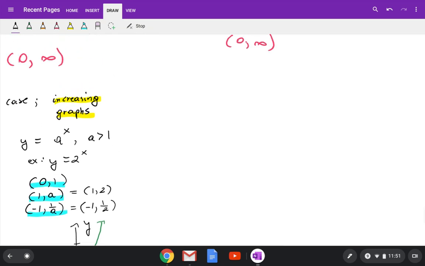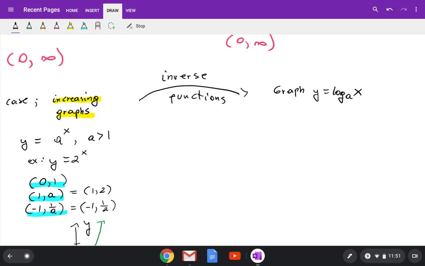So this is exponential. Next, we graph y equals log base a of x, which is the inverse. We're going to talk about the increasing case.